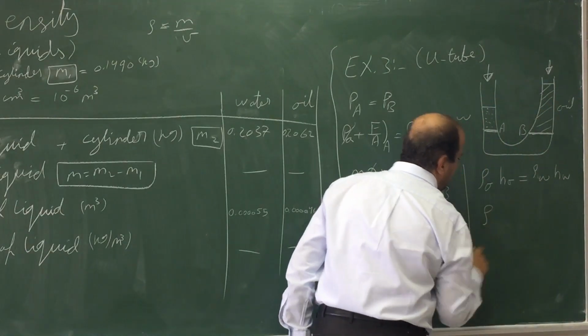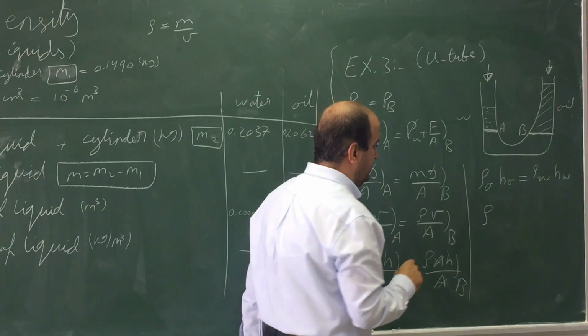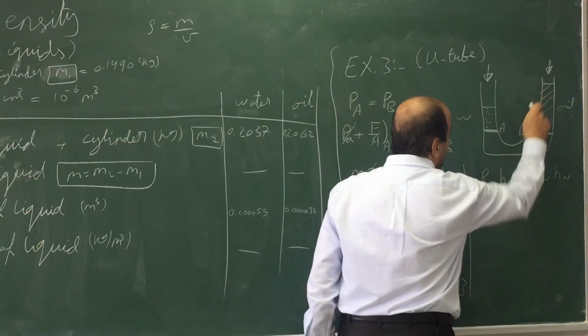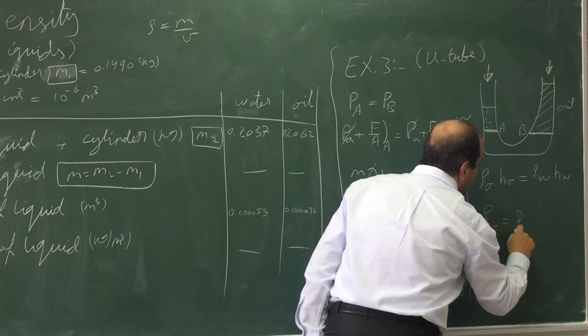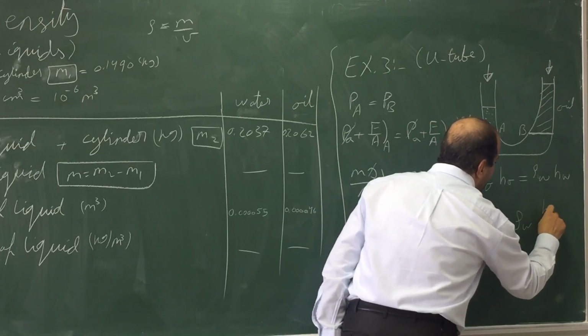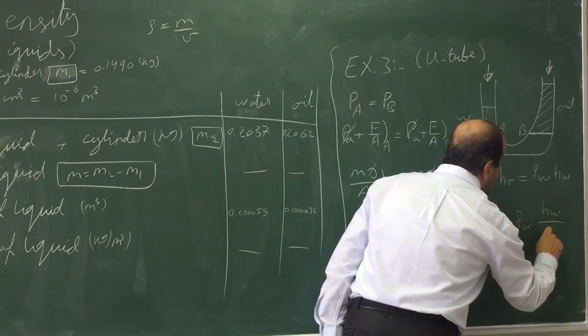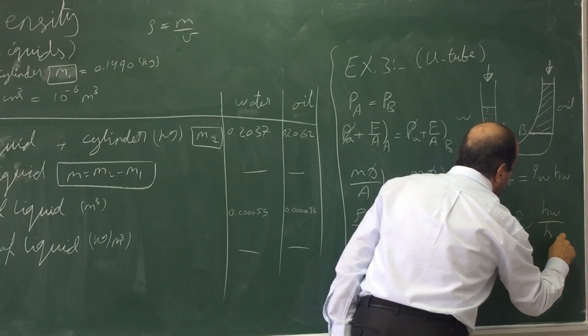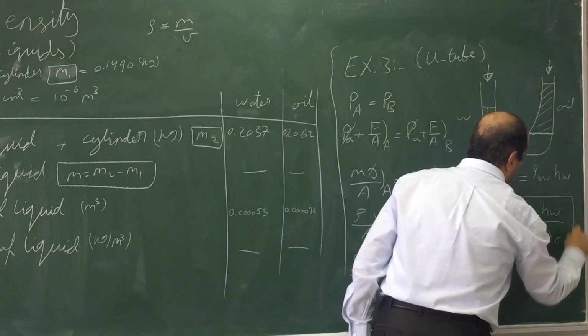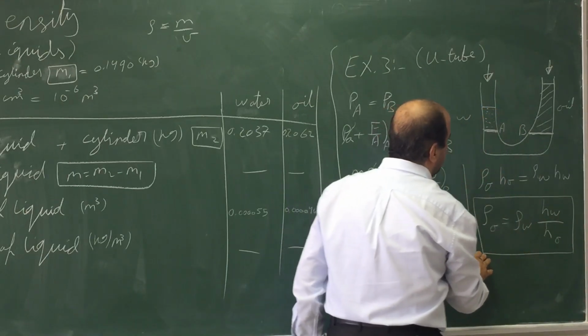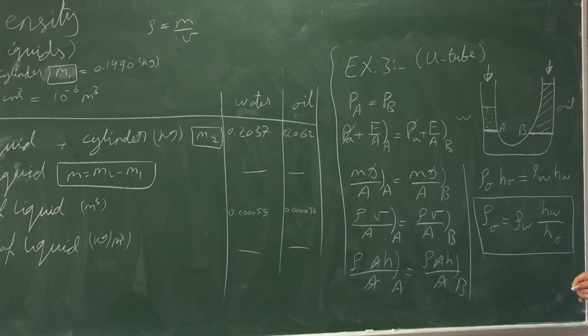Accordingly, we can get our unknown. Our target here is the density of the unknown liquid, which is oil, which equals the density of the water multiplied by the height of the water divided by the height of the oil. This formula will be used to find the unknown density for any liquid we put on that side of this U-tube.